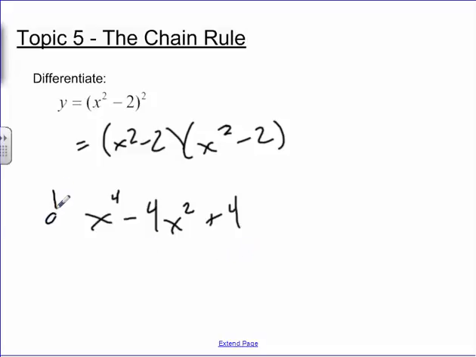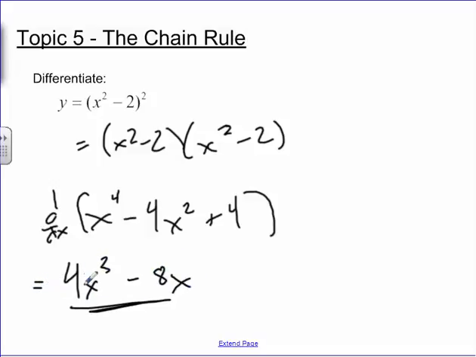Now I'm going to throw a derivative sign in front of this, implying that I still haven't actually taken the derivative of this yet. Now I could write the derivative sign in front of all three of these terms individually, but I think we're probably past that point now. I can now just go to 4x to the third minus 8x and just call it a day. And now I no longer need the derivative symbol because I have taken my derivative.